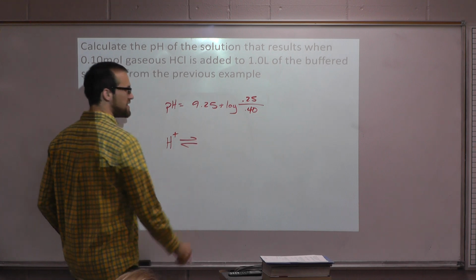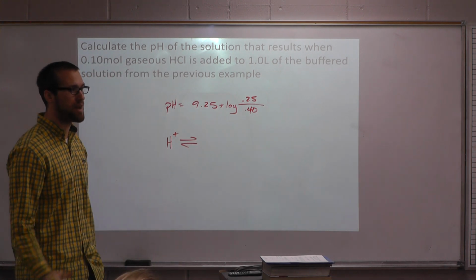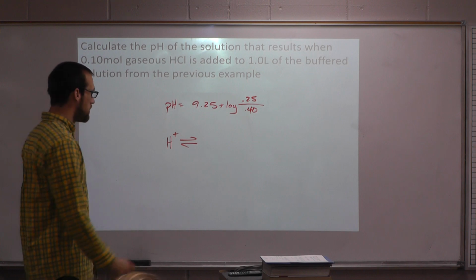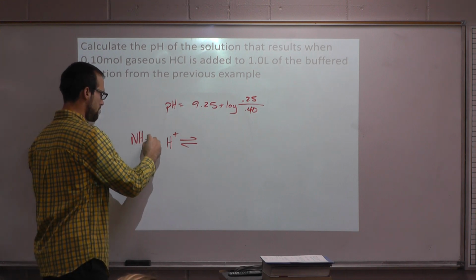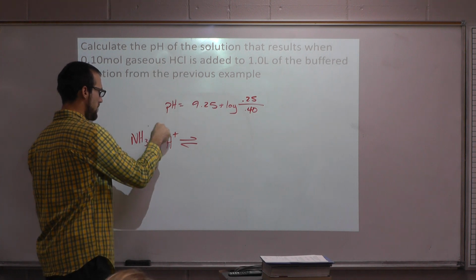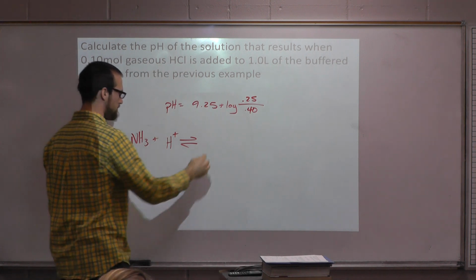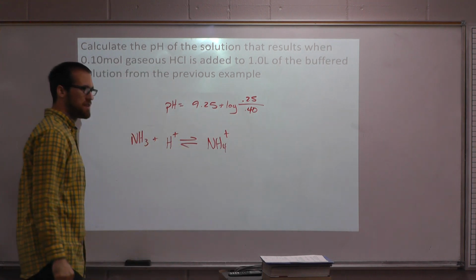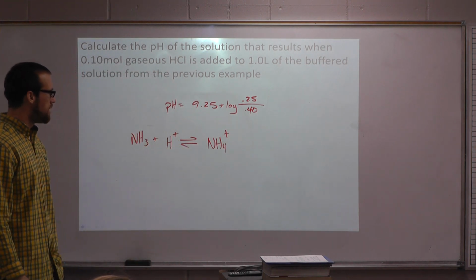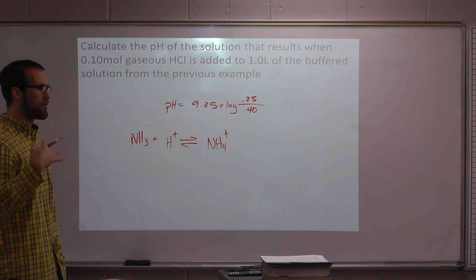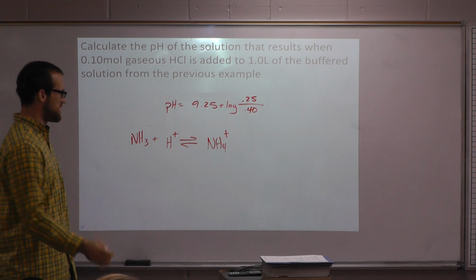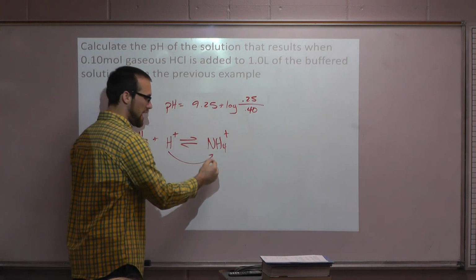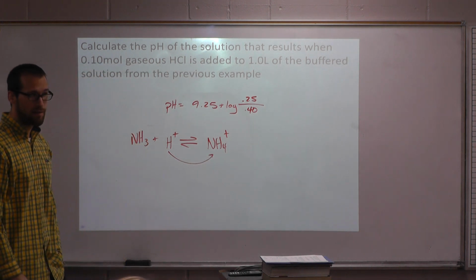Okay, if we're adding an acid, remember that the acid is going to react with the strongest base present. What was the strongest base present in the previous problem? H3O plus. Add nothing. And we said the thing that makes it buffering, resistant to change in pH, is we're taking this strong acid and we're converting it into a what?